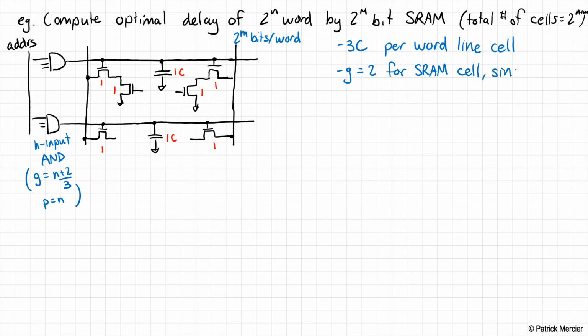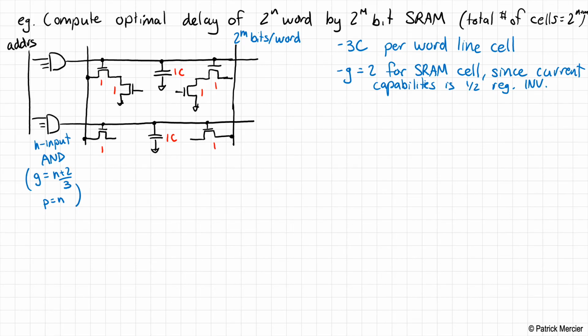Since the current capabilities is half of a regular inverter, right? It's half of a regular inverter because we have 2 NMOS transistors of size 1 connected in series, right? So it's as if we've built a NAND gate and sized the NMOS transistors of size 1 instead of size 2.